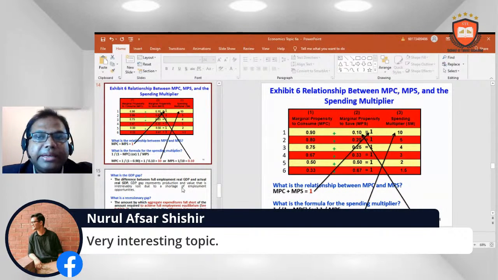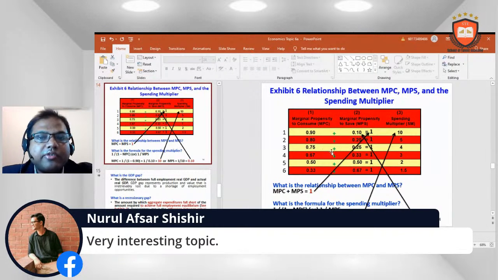Relationship between MPC, MPS and the spending multiplier. MPC equals marginal propensity to consume, MPS is marginal propensity to save, and the spending multiplier equals SM. So here, 0.9 plus 0.1 equals 1, and the multiplier will be 10. Here 0.8 plus 0.20 equals 1, it will be 5.